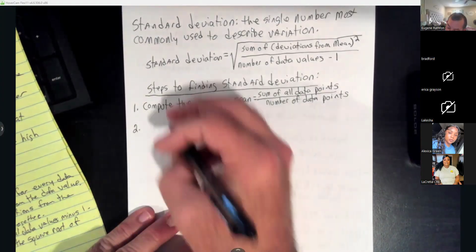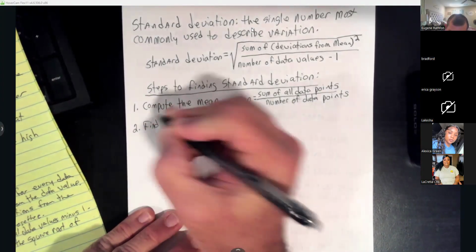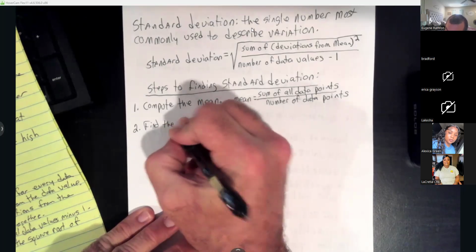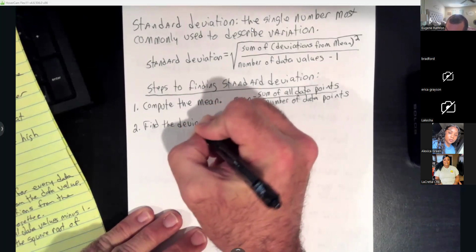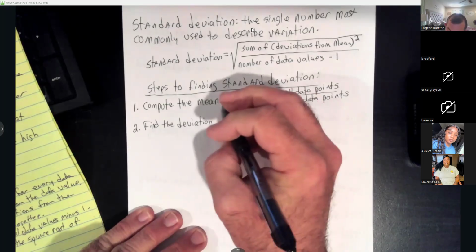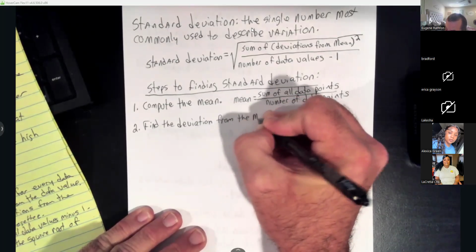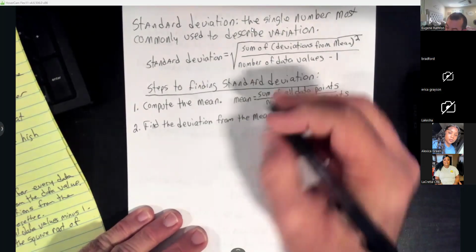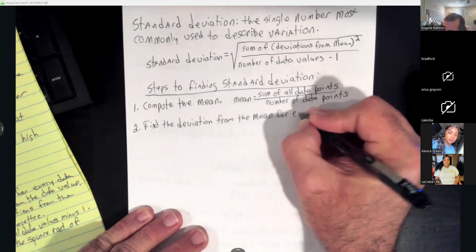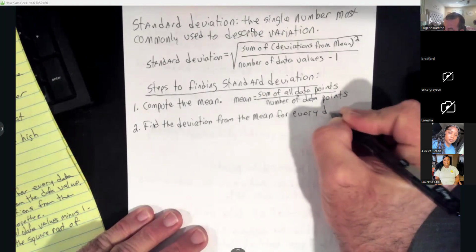Next, I'll find the deviation from the mean for every data point.